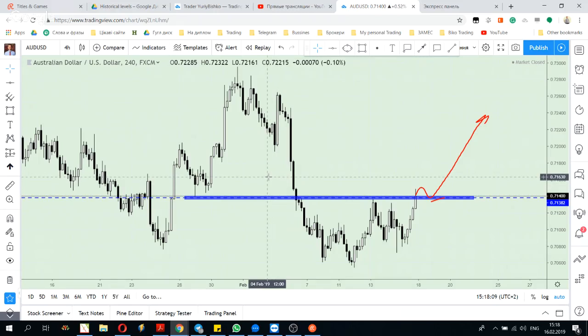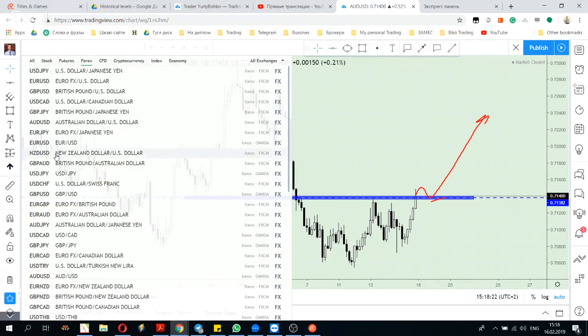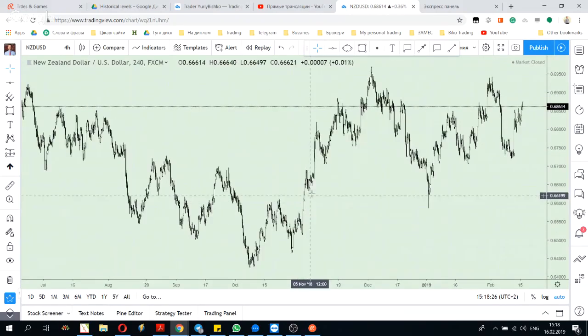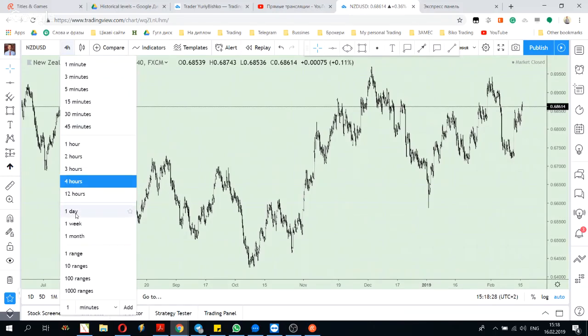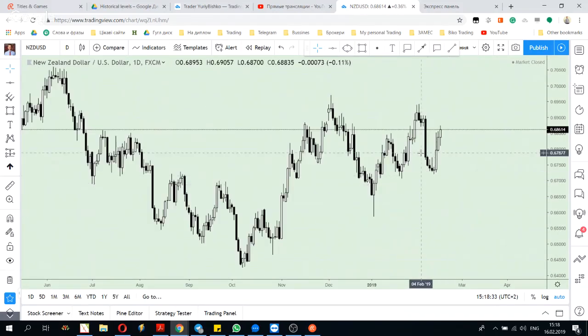We just done everything with Australian dollar, and next will be New Zealand dollar. About New Zealand dollar, the situation really similar like on Australian dollar, but the main difference that there wasn't such huge tail down.